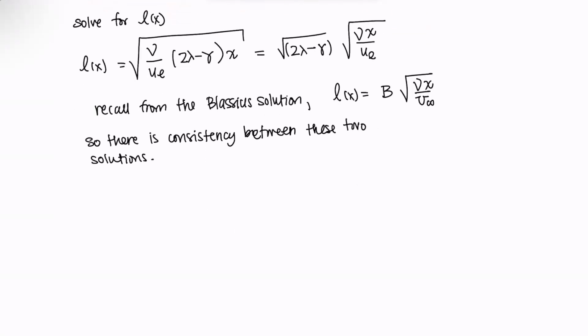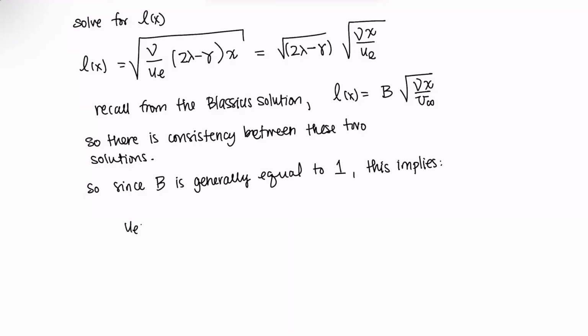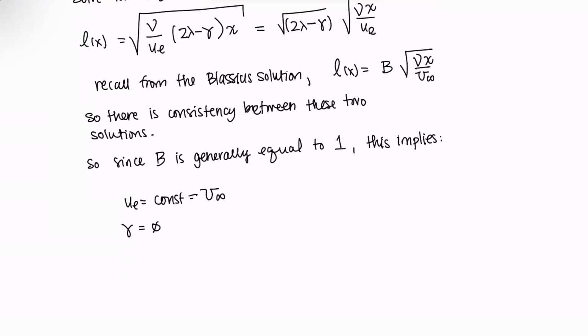All right, so since b is generally equal to 1, this implies that first of all, UE is a constant, which is equal to U infinity, and gamma is equal to 0, and lambda is equal to 1/2.